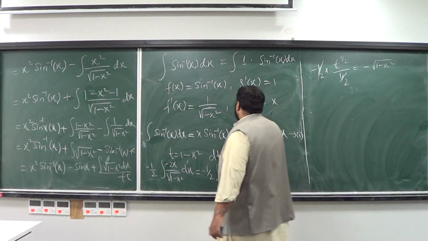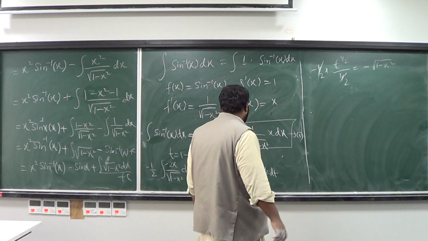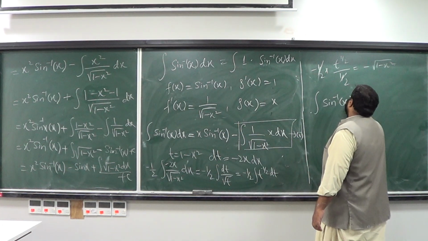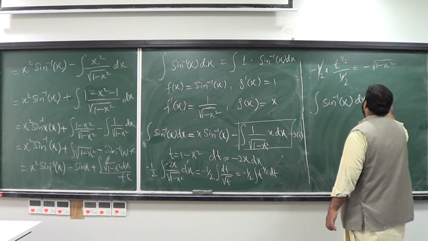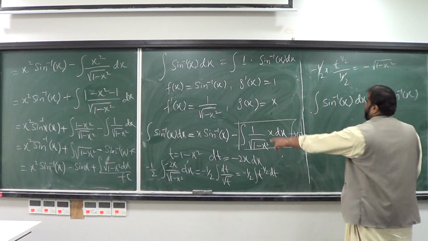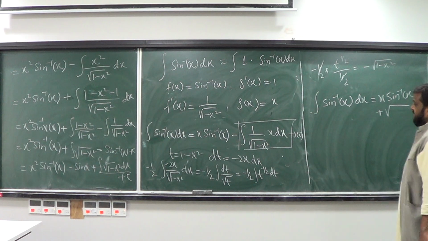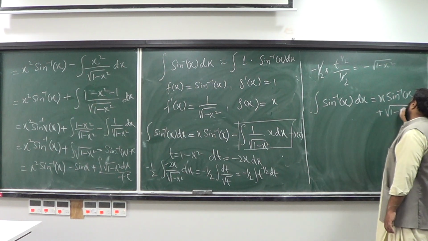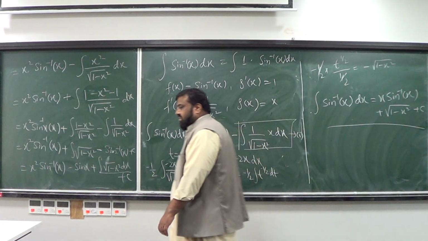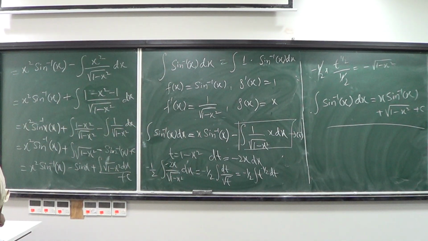So we computed this integral, and it turns out to be negative square root of 1 minus x squared. So hence, the integral of sine inverse x dx is going to be x sine inverse x, and minus multiplied by this minus is going to be plus square root of 1 minus x squared plus constant c. So you have this result.